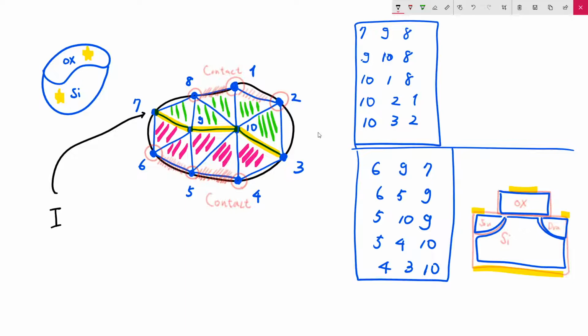But my question is, we are now asking ourselves about the interface between two regions. So here we have an edge or a set of edges, say 7, 9, 9, 10, 10, 3.